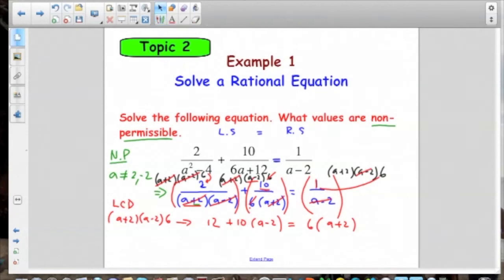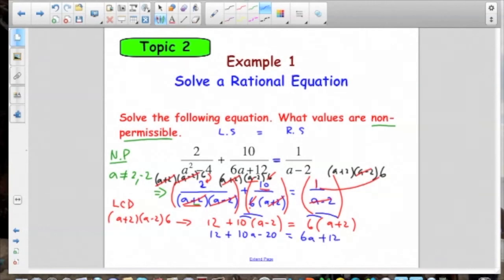So now let's just get rid of the brackets. So let's rainbow that in. So that's 10a minus 20, rainbow that in, 6a plus 12. Okay, now let's just do algebra. So I'm going to bring this across, and that makes it 4a equals these two, this one and this one coming across.